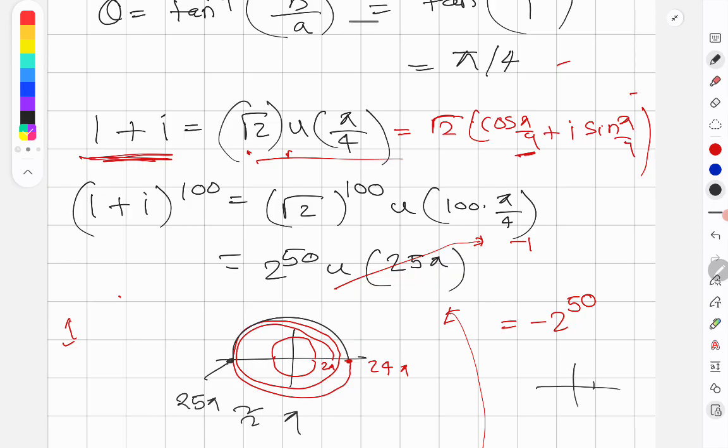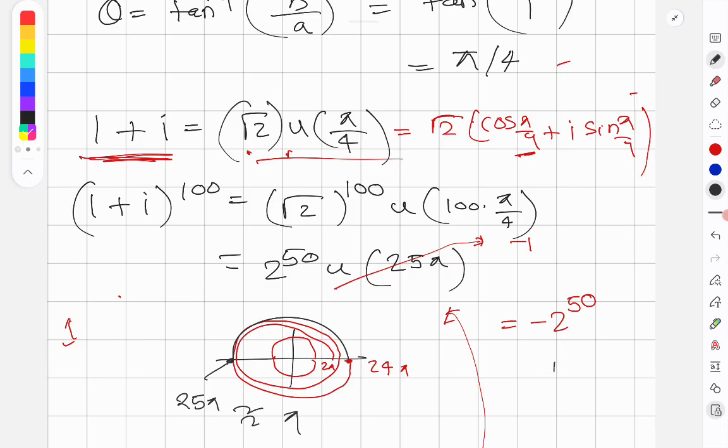Which means the same. If you go around until 24 pi, you will reach here and you will just go one more pi. So it's the same as writing pi, because the value will be the same. Each circle is 2 pi.